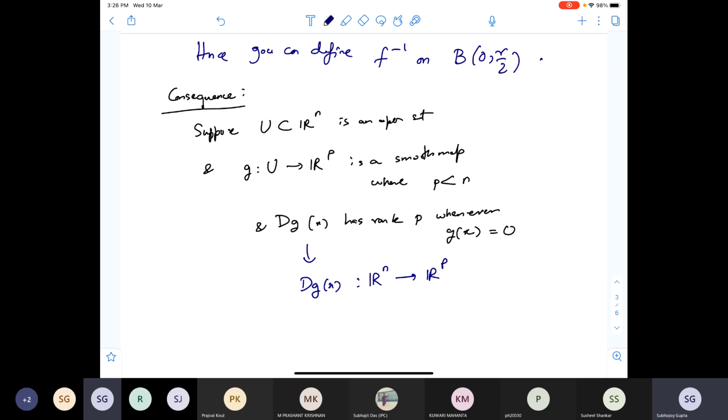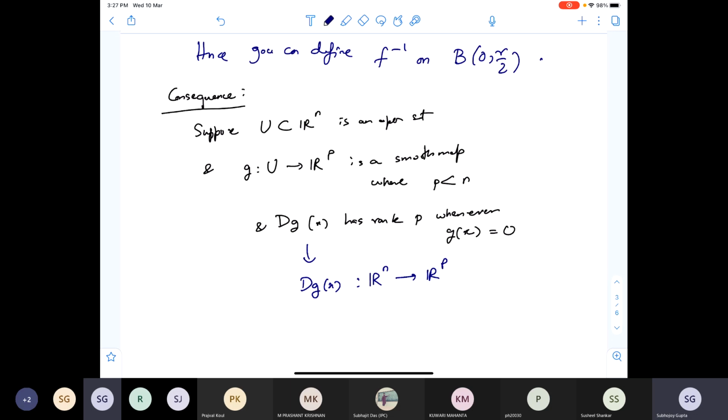And so you can't talk of that map being invertible anymore. If it's invertible, the two vector spaces need to have the same dimension. But you can talk of this linear map having full rank. Okay, so being surjective.